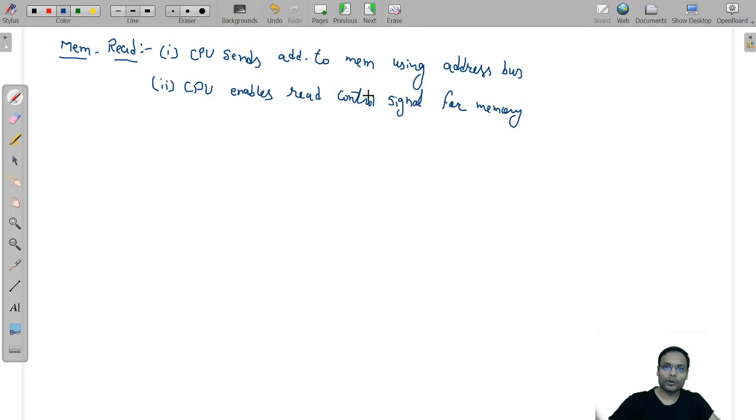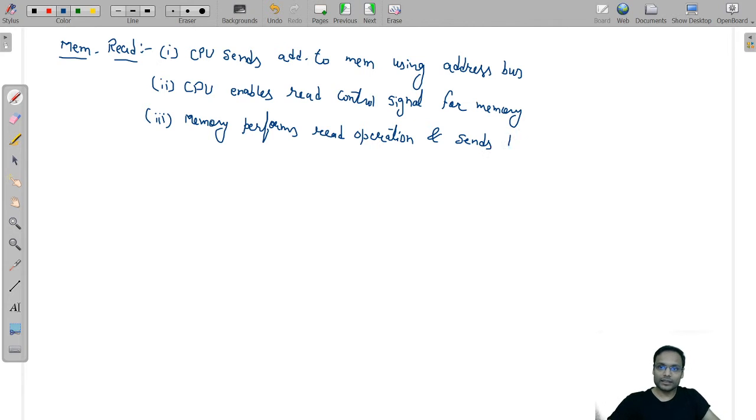Then memory will understand, okay, I have got an address on the address bus, and on that address I have to perform the read operation. So the third point is the memory performs the read operation and sends the data to the CPU using the data bus.